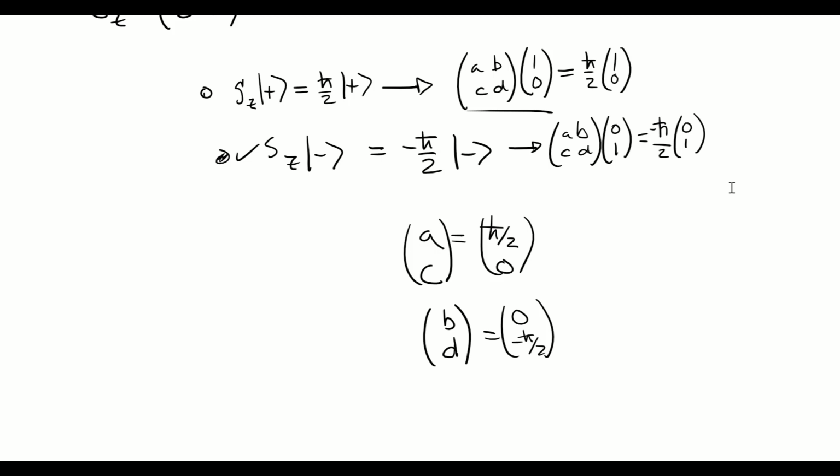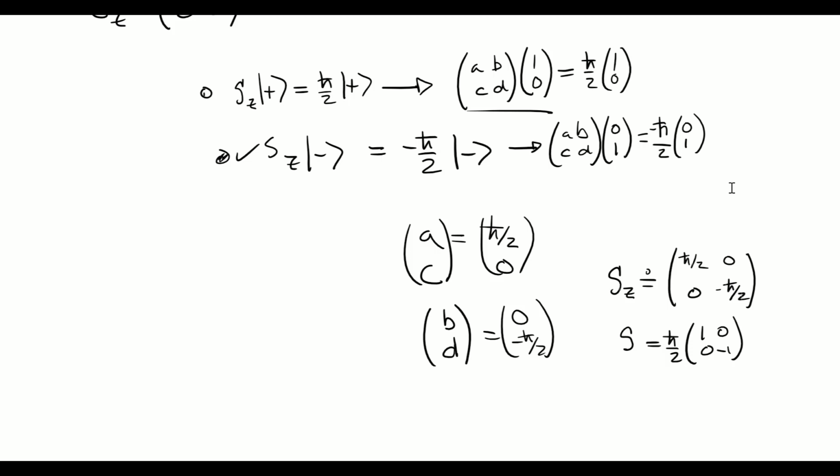So what this tells us is that our Sz operator can be represented by ħ/2 times the matrix (0, 0; 0, negative ħ/2 entries), that is, ħ/2, 0, 0, negative ħ/2. Or written another way, just ħ/2 times (1, 0; 0, negative 1).